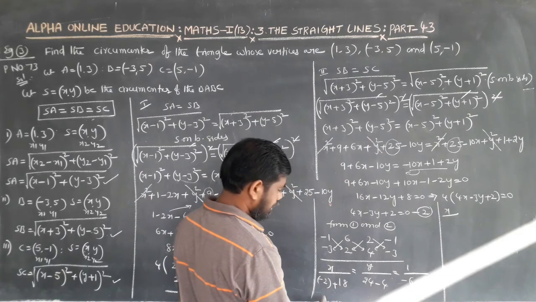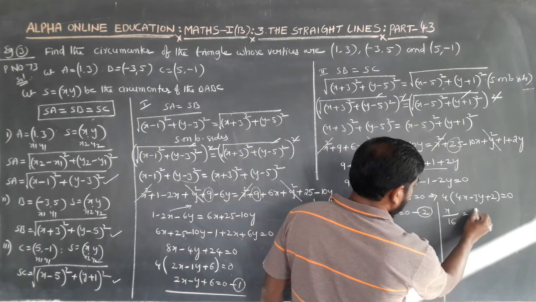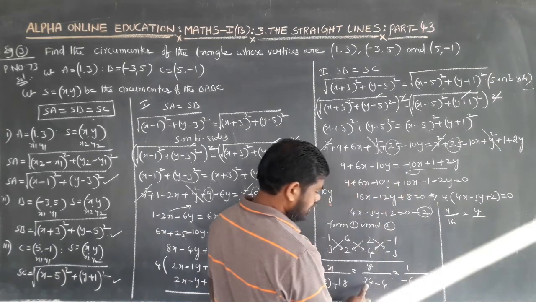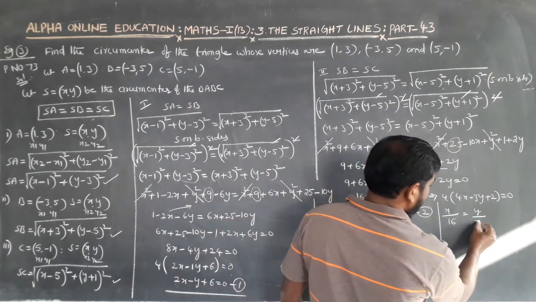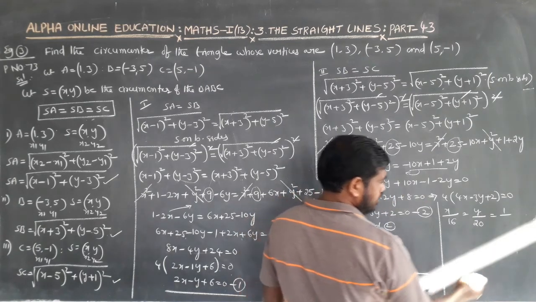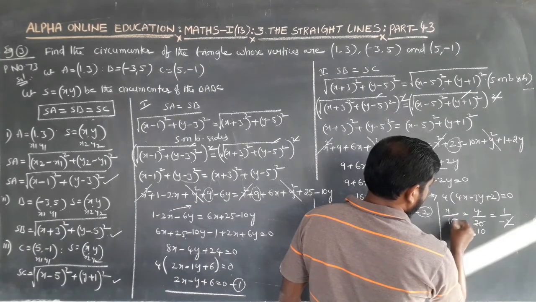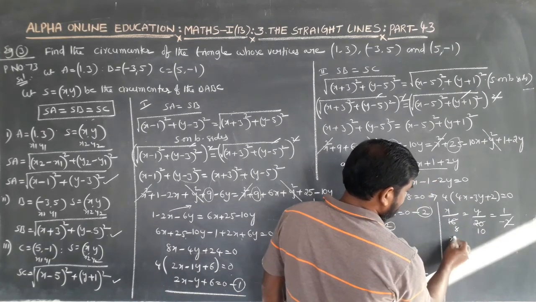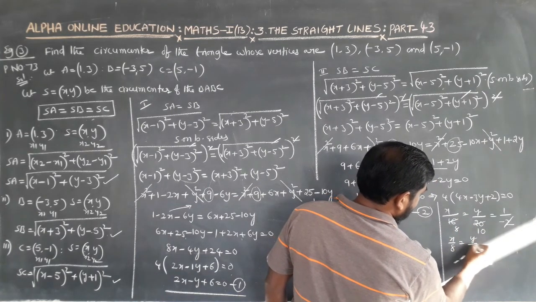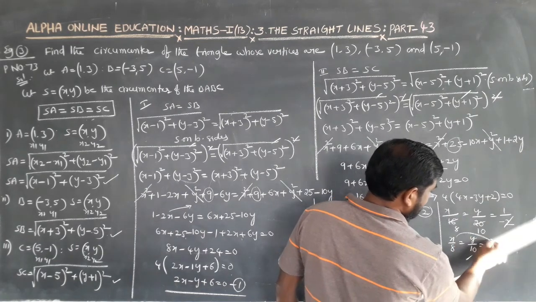So x by minus 2 plus 18, 16, is equal to y by 24 minus 4, 20, is equal to 1 by minus 6 plus 4, minus 2. Dividing by 2: x by 8 is equal to y by 10 is equal to minus 1.